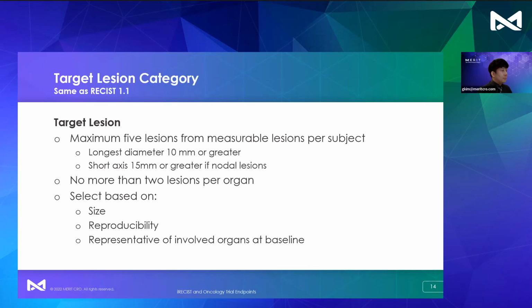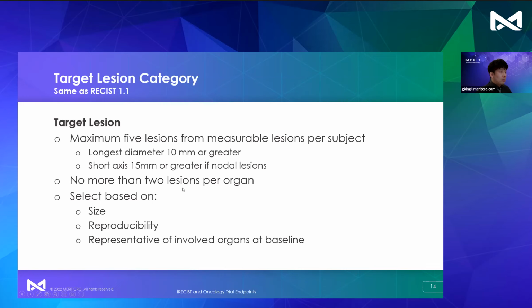So firstly, target lesions, which also stay the same as RECIST 1.1 in iRECIST. We will still follow the same requirements or guidance of a maximum of 5 lesions per subject, which have to be measurable lesions, meaning a longest diameter of 10 millimeters or greater for non-nodal, and a short axis of 15 millimeters or greater for nodal.